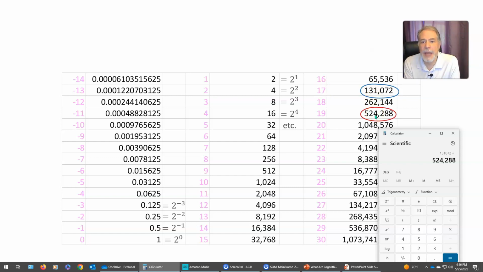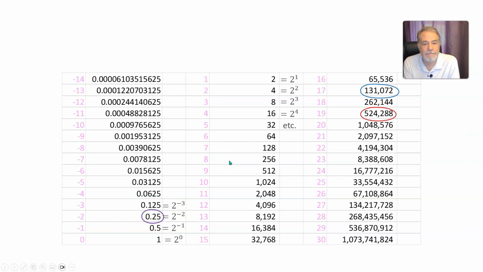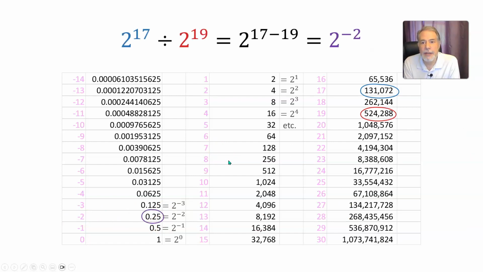It's 2 to the 17 power divided by 2 to the 19 power. So it should equal 2 to the 17 minus 19 power. That is 2 to the -2 power, which is 0.25. So yeah, 2 to the 17th divided by 2 to the 19th equals 2 to the -2 power. So the number with a base 2 logarithm of 17 divided by the number with a base 2 logarithm of 19 gives us the number with a base 2 logarithm of -2.